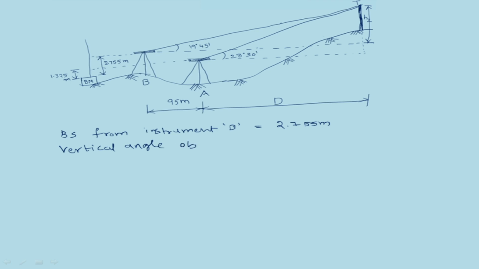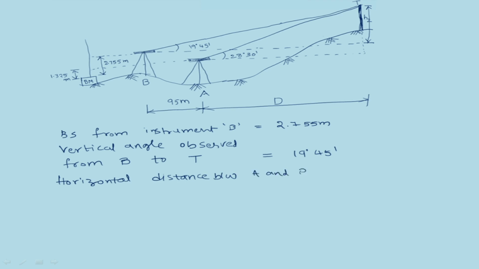The vertical angle observed from instrument station B to the lighthouse top T is 19 degrees 45 minutes. The horizontal distance between A and B is 95 meters.